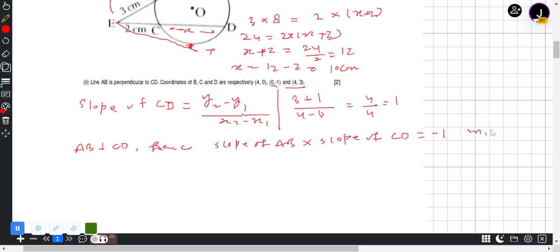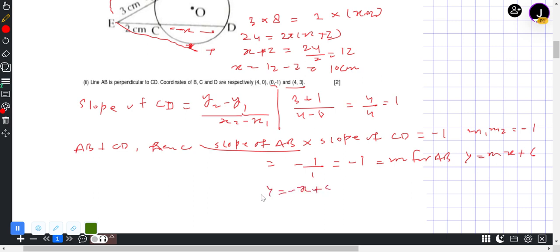This is also written as m1 m2 is equal to minus 1. So slope of AB will be minus 1 divided by 1, that is minus 1. So this becomes the m for AB. For AB the equation is y is equal to mx plus c. Right? Correct or not? So that means y is equal to minus x plus c. That is the equation of AB.